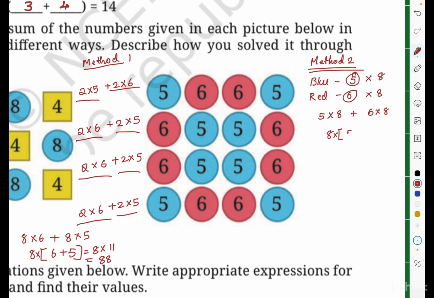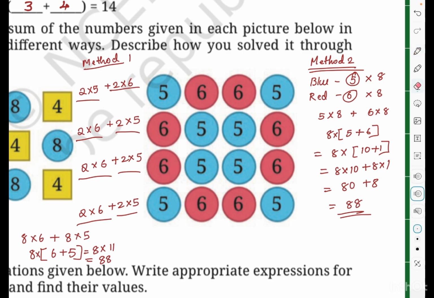So we can take 8 outside, then 5 plus 6 will be in the bracket. 8 into 5 plus 6 can be written as 10 plus 1. So 8 into 10 plus 8 into 1 we got. Then 8 into 10 is 80 plus 8 into 1 is 8. So the answer is 88.